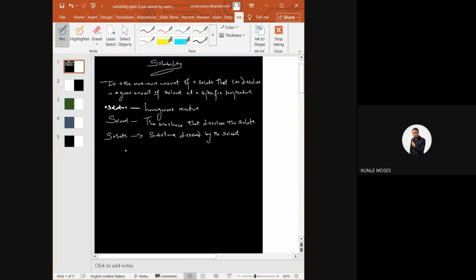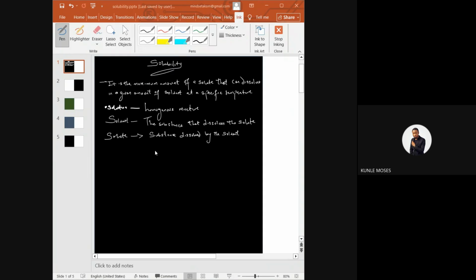So we have different solvents and different solutes. Water is a major solvent, the universal solvent that can dissolve virtually all substances.